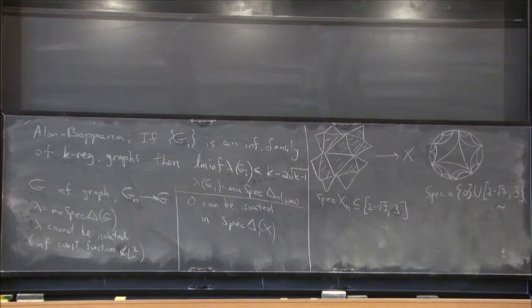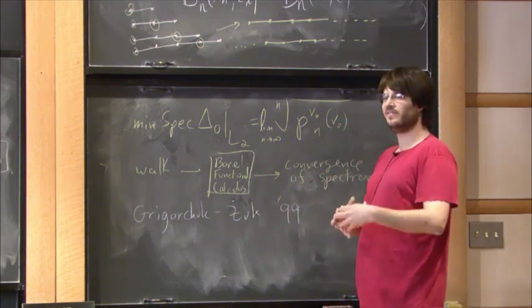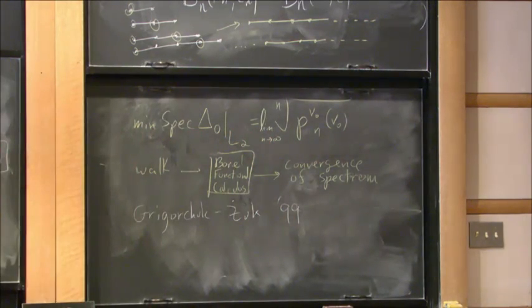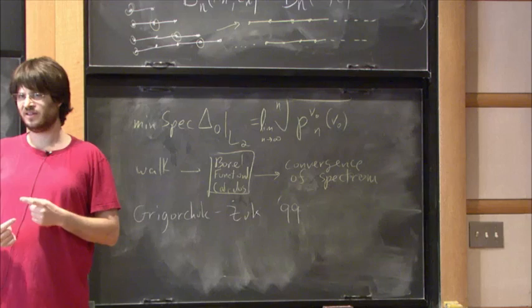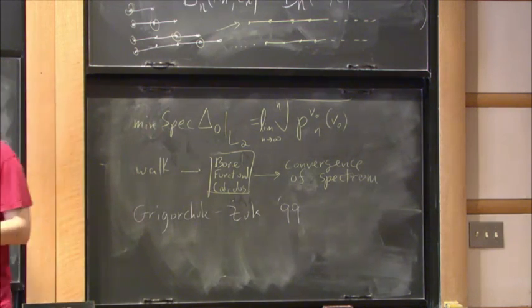Yeah, but just to sum this up, where I'm going is, first of all, I was trying to say what we know in terms of Alon-Bopana. Since we don't have a universal cover of general complexes, we have this more general approach of taking complexes converging somewhere, because a sequence of k-regular graphs doesn't necessarily converge to the infinite k-regular tree, but some subsequence converges to some infinite k-regular graph, which is covered by the k-regular tree, so you can still work with that.